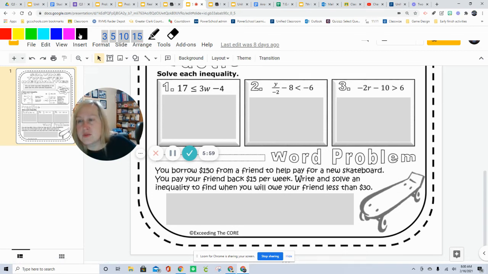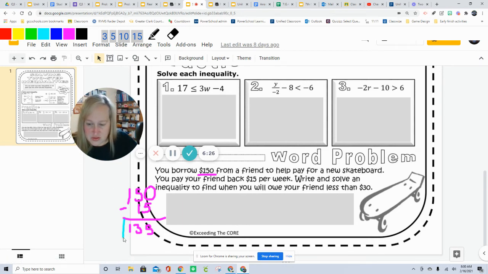Oh no, I erased too much. Sorry. So let's think about this logically. This person is paying $150 back at $15 a week. So after week 1, notice I'm subtracting, I have 135. So I'm doing this off to the side so that I think about what I'm doing.